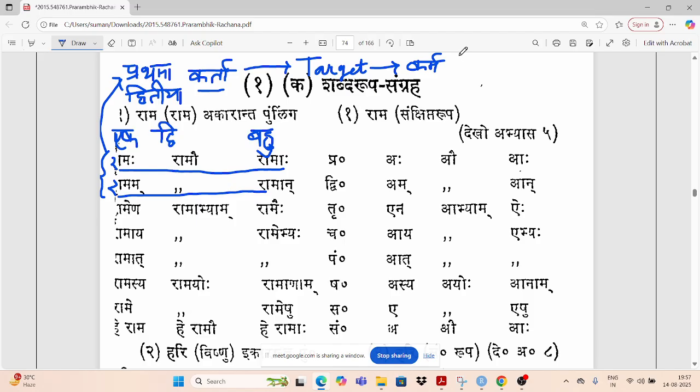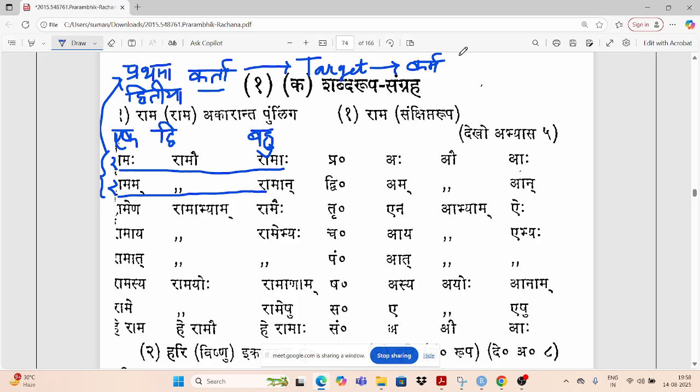Now when I say yuddha, Arjunah yudhyati, that will be called from a philosophical perspective a karma, and from a vyakaranam perspective it is kriya. And we generally in common parlance take karma to be equal to kriya, but that is not how it works.